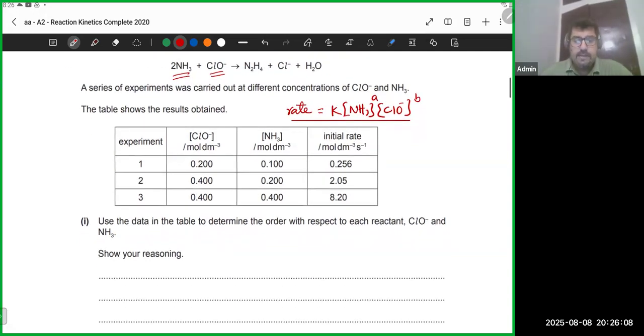So now, if I look at the experiments, which experiments would I compare to figure out, let's say, the ClO⁻ order? Okay, now this one is going to be slightly more difficult. I want to figure out how ClO⁻ affects the rate of reaction. So I'm going to try and change ClO⁻ and figure out what is the effect on the rate of the reaction.